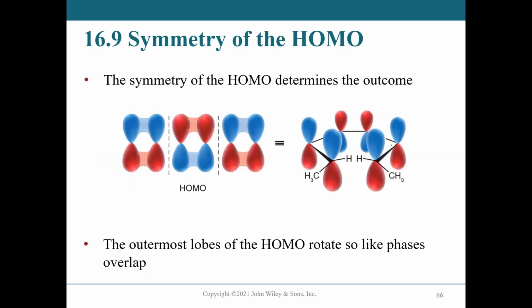It says the symmetry of the HOMO determines the outcome. The outermost lobes of the HOMO rotate so the like phases overlap. So if we don't have like phases that overlap, we're not going to get bonding.